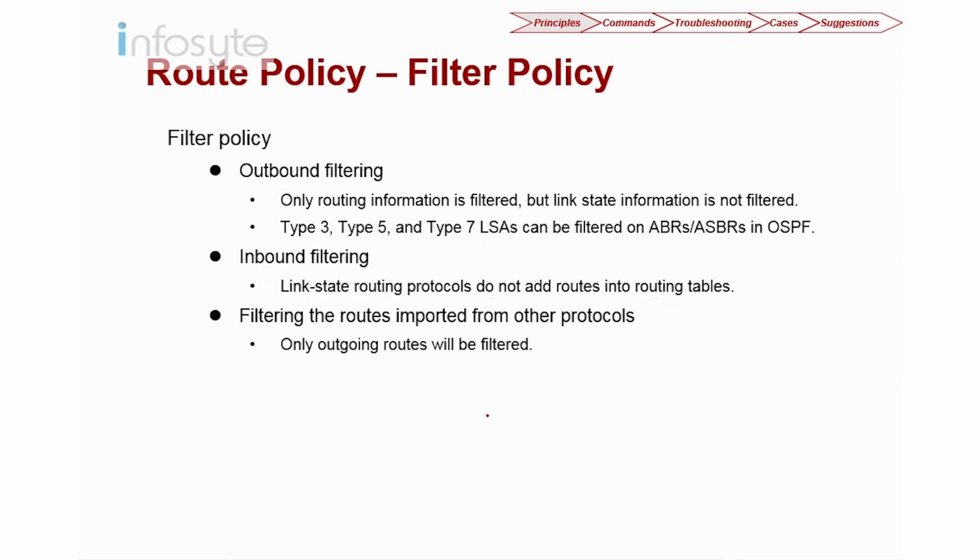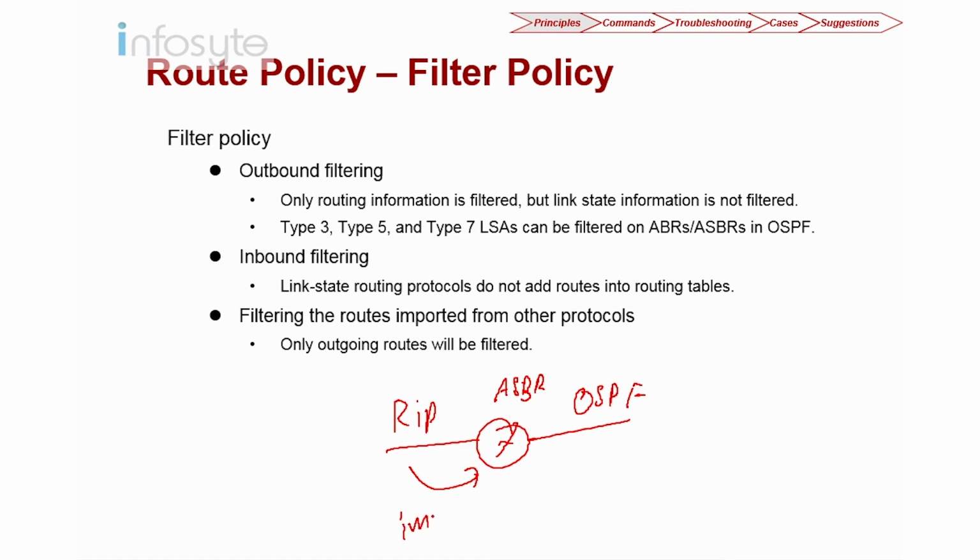Now, assuming that you have another scenario. Here I have RIP going into an ASBR router that's running OSPF. When you import routes from RIP into OSPF, OSPF is going to advertise this as an external ASE, so that will be type 5.